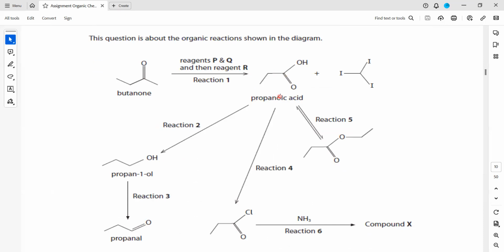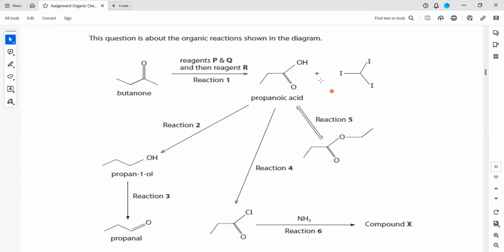So initially it is butanone, which means 4 carbon atoms are there. But when the reaction finished, we are left with 3 carbon atoms. So one of the carbon atoms is being removed. That's why it is forming propanoic acid, and it is forming triiodomethane.